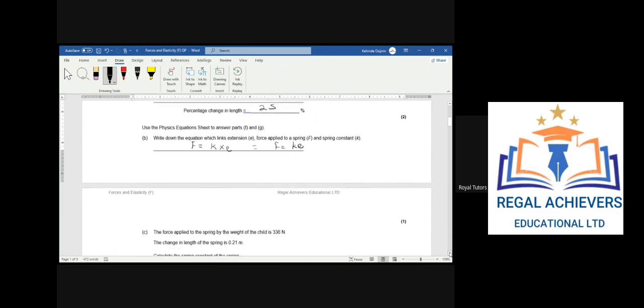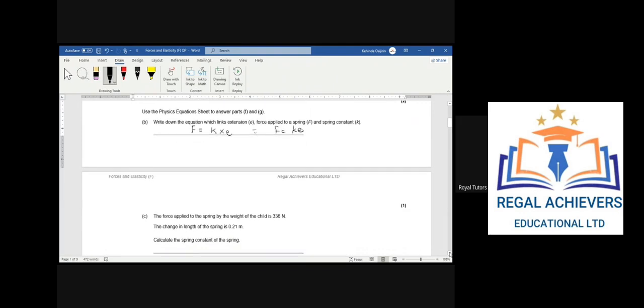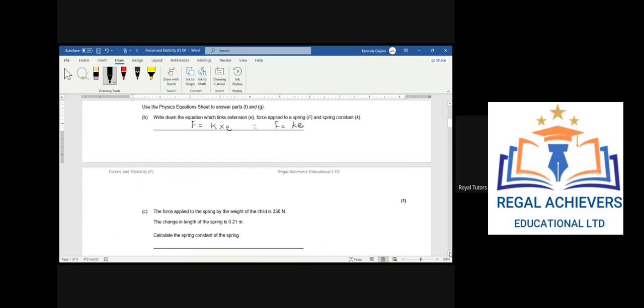All right, so if you look at the next question, it says the force applied to the spring by the weight of the shaft is 336 Newton, and the change in the length of the spring is 0.21 meters. You're asked to calculate the spring constant of the spring. So it's just a formula you're going to use. You know that this is your force, and you also know that you have the extension given to you already, which is this.